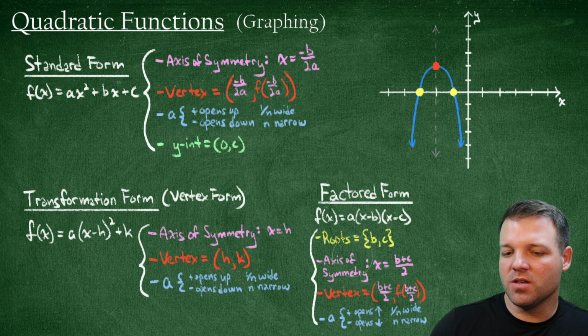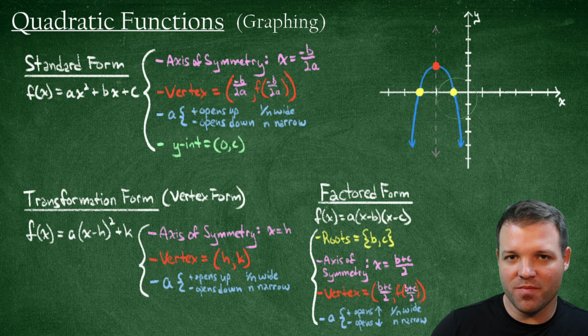And actually, the axis of symmetry is fairly easy to find as well. Why? Because of that symmetric property. If I have the two x-intercepts, then I know exactly halfway in between is going to be the axis of symmetry. So all I have to do is take the average of the two, b plus c, divided by 2.